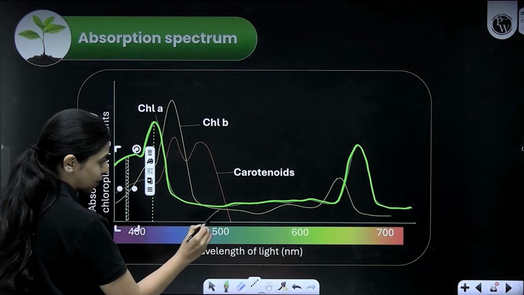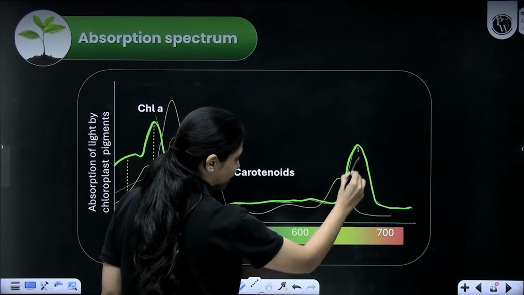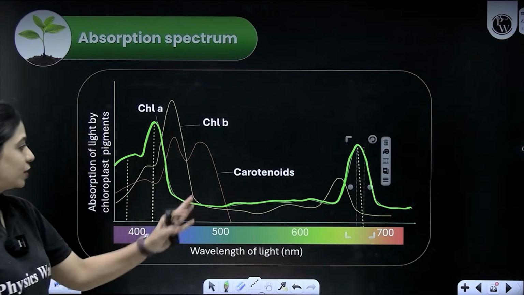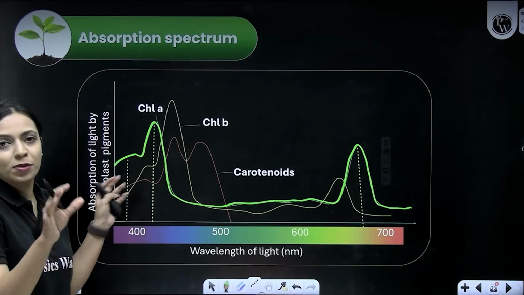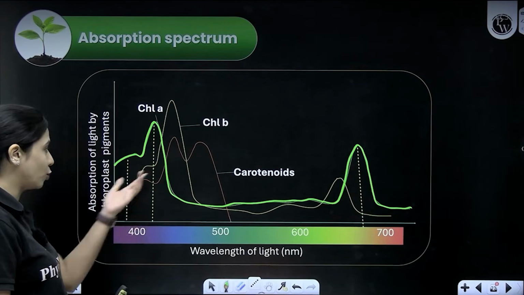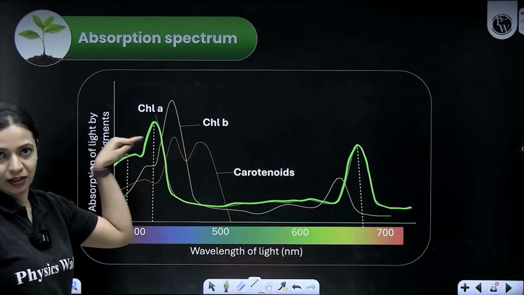At 500 here's how much, and then at around 700, maybe 650, 680 it has absorbed this much. So you know that it absorbs maximally near 400 and 700 nanometer, right?